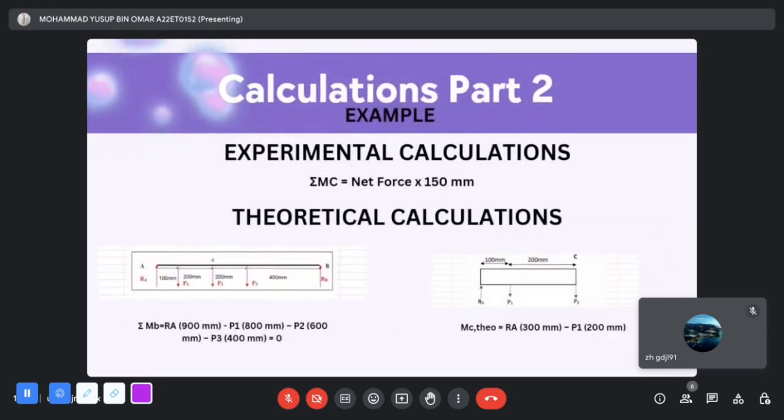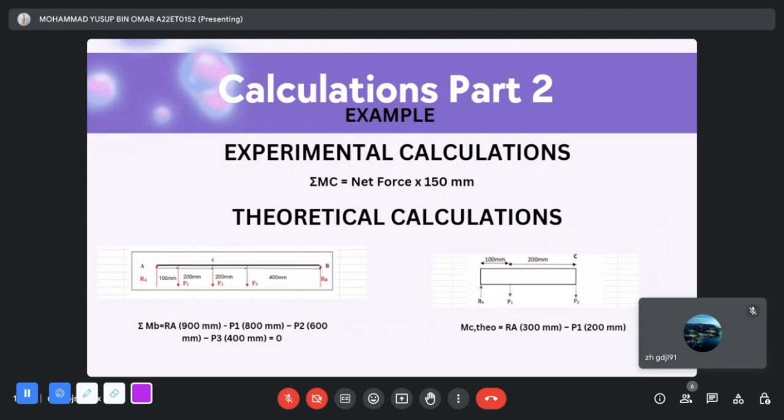For the calculation in part 2, the experimental calculation is the same as the first part, which is the summation of moment C equals net force multiplied by 150 millimeter. For the theoretical calculation, this is slightly different from part 1.